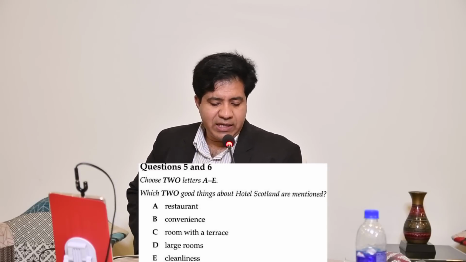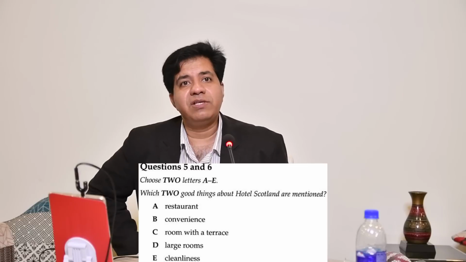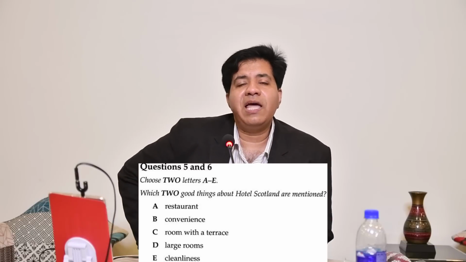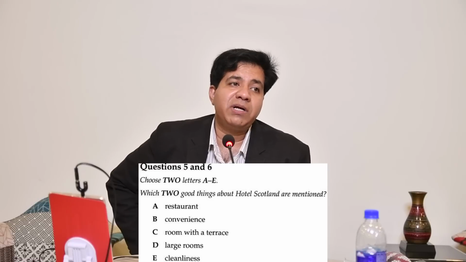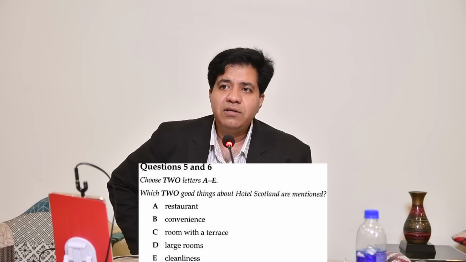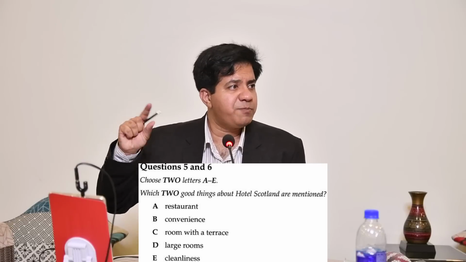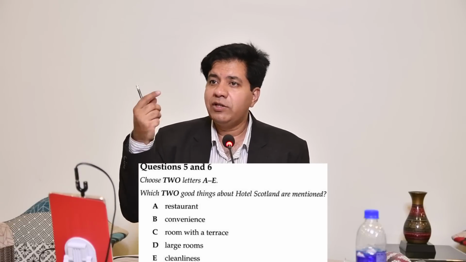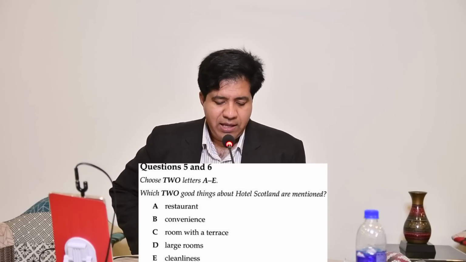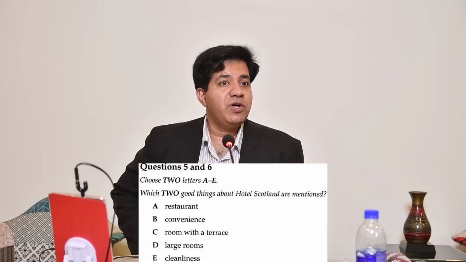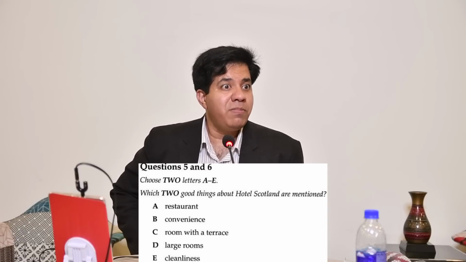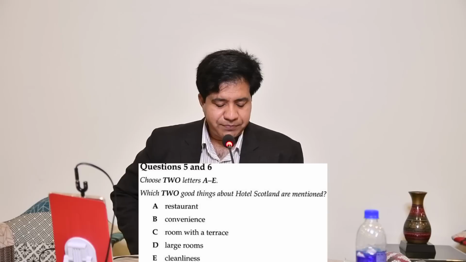Next we've got C, room with a terrace. If they say most of their rooms have windows, but I'm afraid there is no terrace, even that is not the answer. I'm just focusing on the negative, how they can speak, and because there are 5 options, 3 options will be discussed like this. And if they say there is a beautiful terrace with every room, that means that is a good thing.